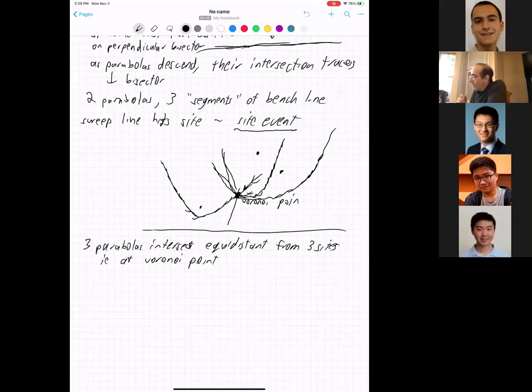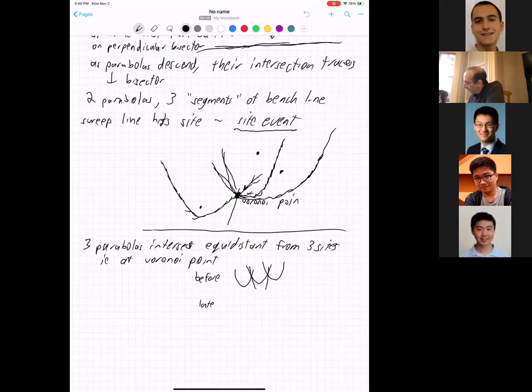Exactly. So what we see is, right, we had these three parabolas and there were two interesting pairwise intersections going on, right? So let me draw the more general. This is before, right? That we have these three parabolas and they're each tracing out a perpendicular bisector.